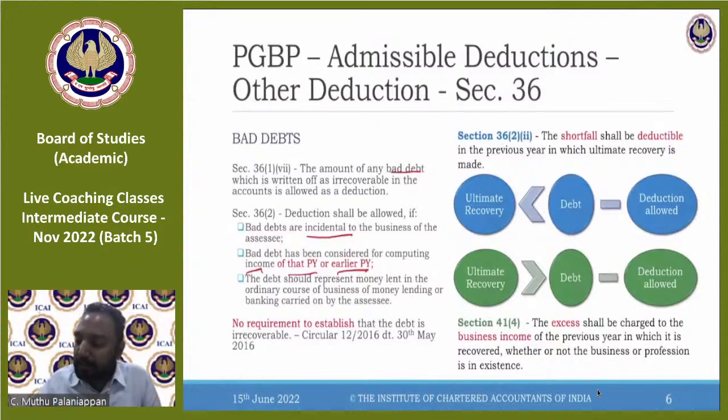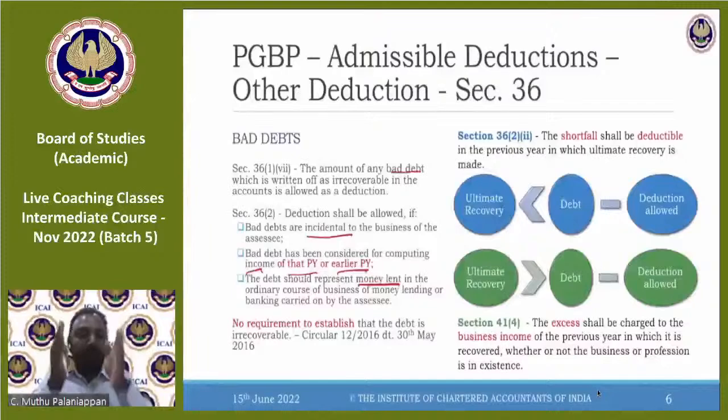And the debt should represent money lent in the ordinary course of business of money lending or banking carried on by the assessee. Whatever transaction we call bad debt should be in the ordinary course of business, be it sales or be it a loan.